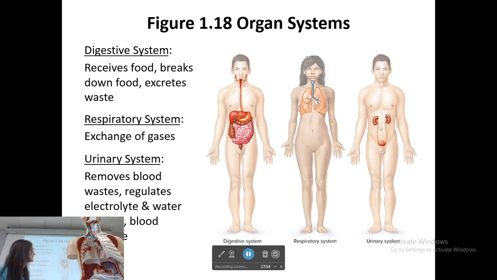Okay, the next one here is the urinary system. Okay, see if you can find any parts of the urinary system on your model. You may have to remove the digestive system here.